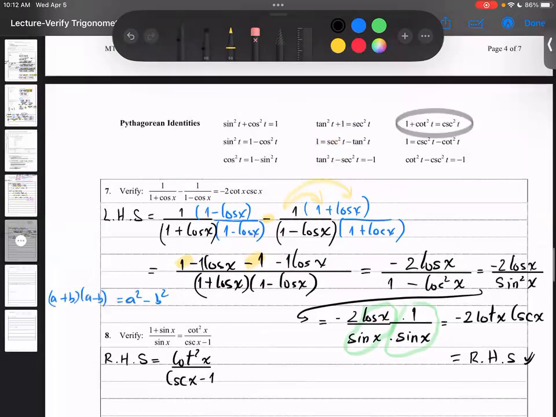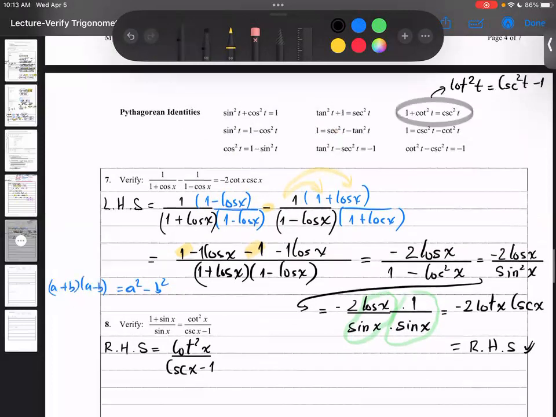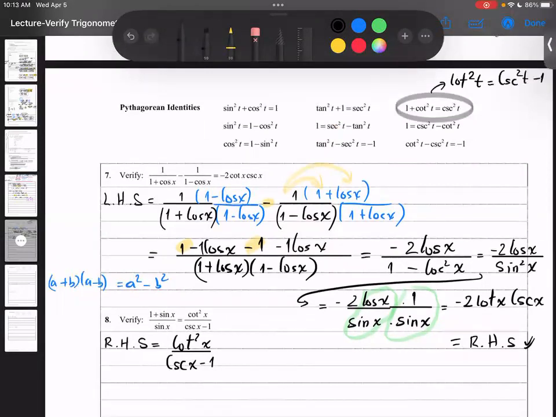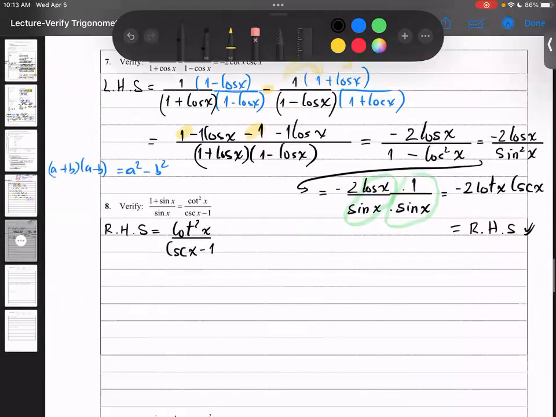All you have to do is subtract one. So cotangent squared t equals cosecant squared t minus 1. Let's do that. So cotangent squared x equals cosecant squared x minus 1.